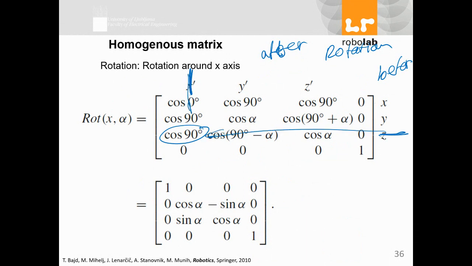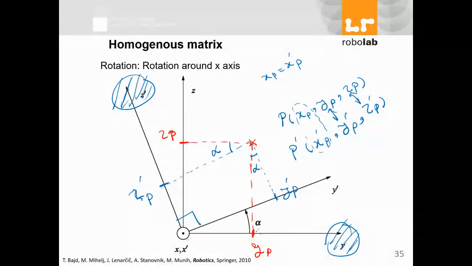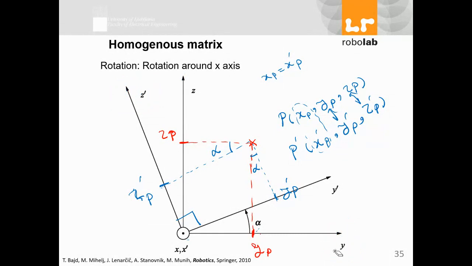Between these two. So what is the angle between z and y? Z before rotation and y after rotation. Look at that. Z before rotation, here you go, and y after rotation. What is the angle between these two?